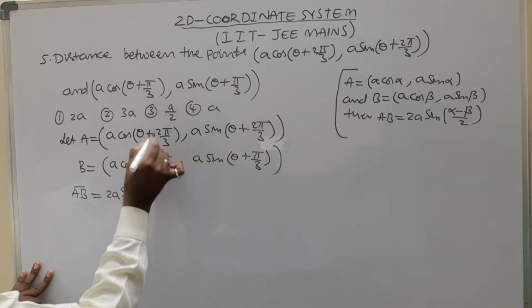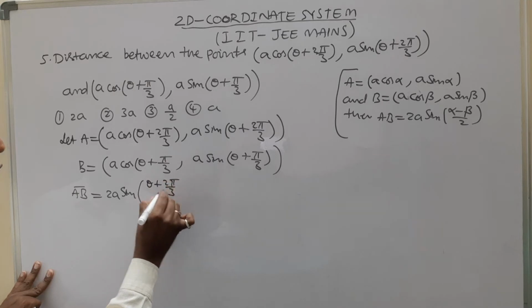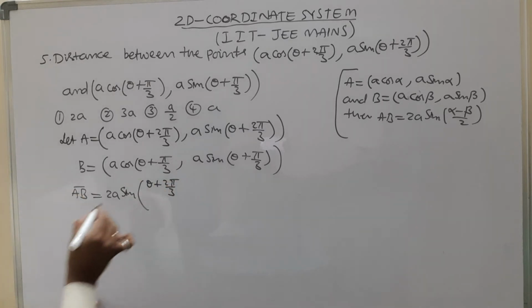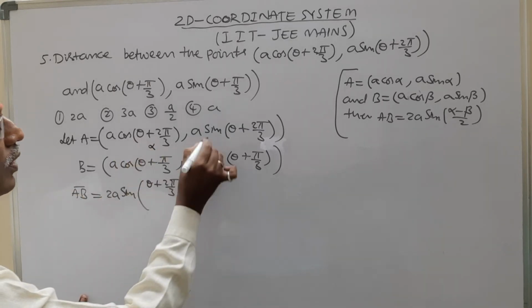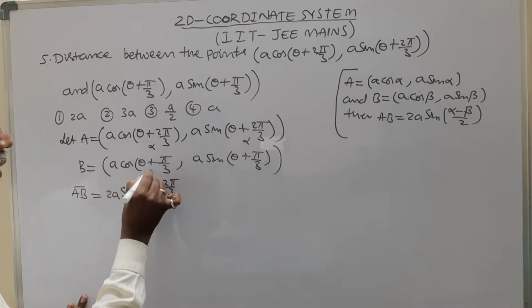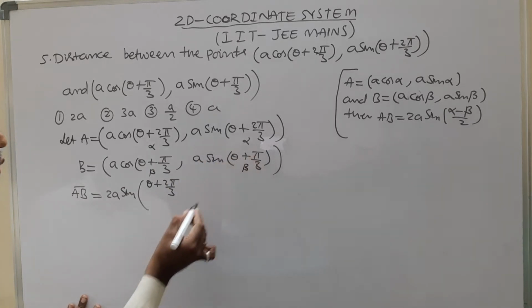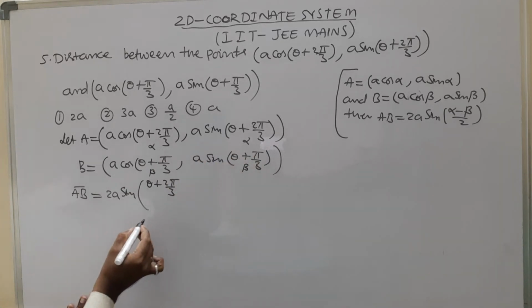Here alpha value is theta plus 2 pi by 3: A cos alpha, A sin alpha. A cos beta, A sin beta, where beta equals theta plus pi by 3.